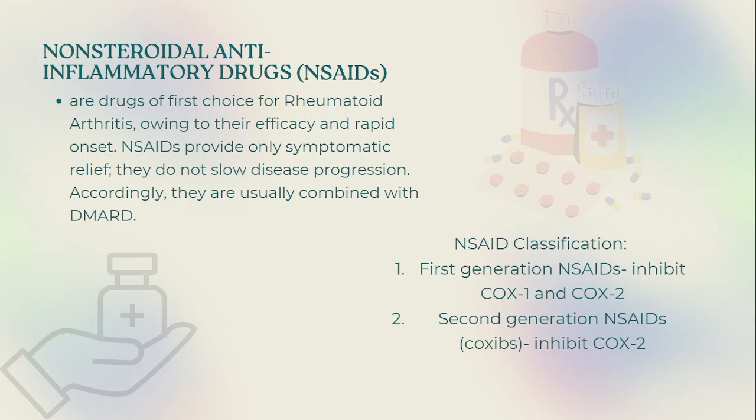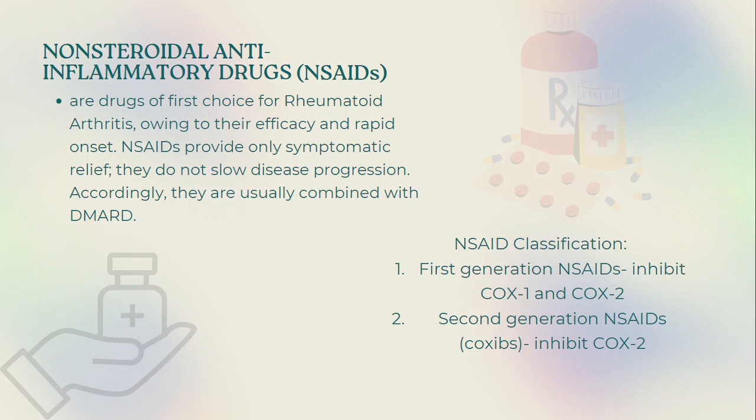Second-generation NSAIDs inhibit COX-2. The anti-inflammatory and analgesic effects result from inhibiting COX-2, whereas major adverse effects, especially gastroduodenal ulceration, result from inhibiting COX-1.